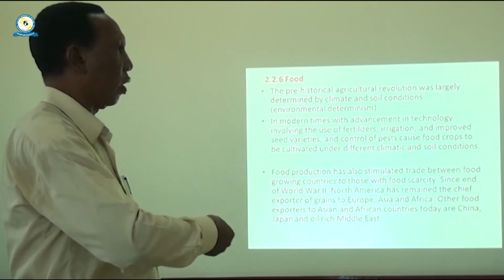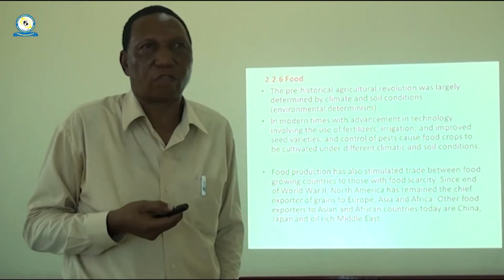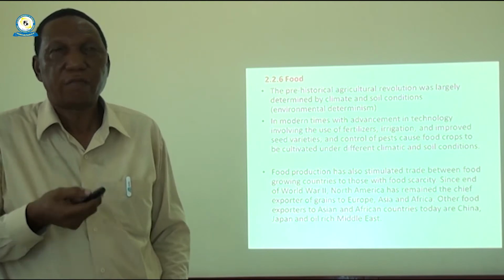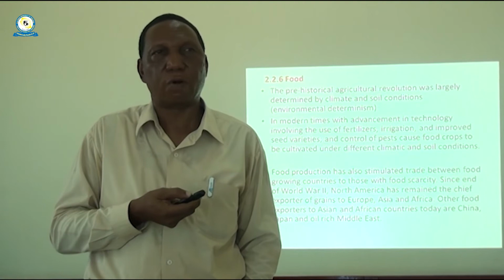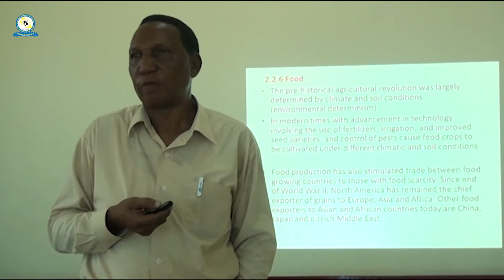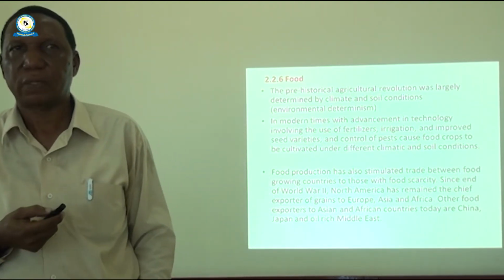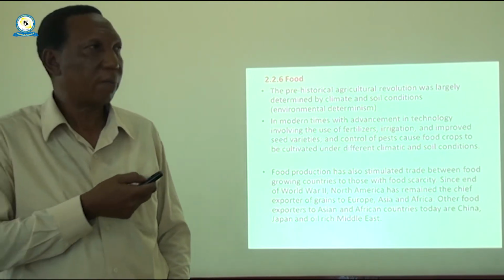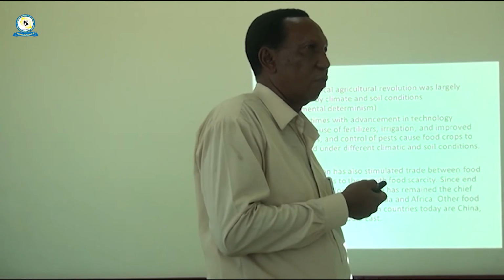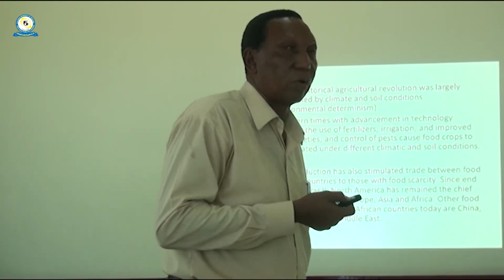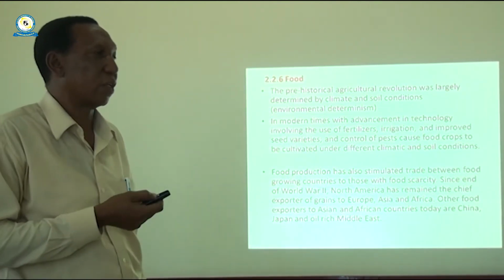So actually, they depended on the grace of nature. Even the culture: where bananas were cultivable and became the staple food, they had a banana culture. Where palm oil was the main source of human food, you have that type of culture in Western Africa.